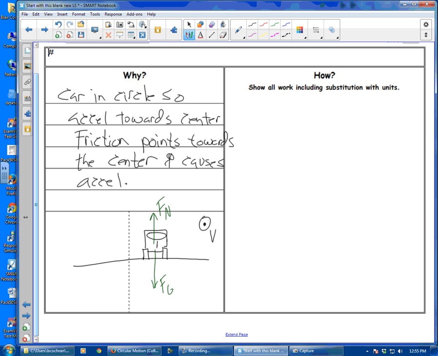So if the car is coming at us, and we'll say the center of our circle is over here, way to the left, if there was not friction, which way would the car want to move? You'd want to actually move out to the right. But because there is friction, it's able to go around the circle and thus able to accelerate in that direction. So that would be the expected force diagram.